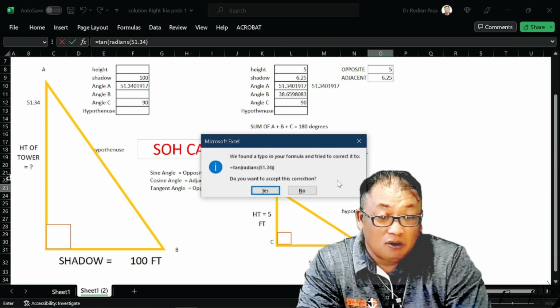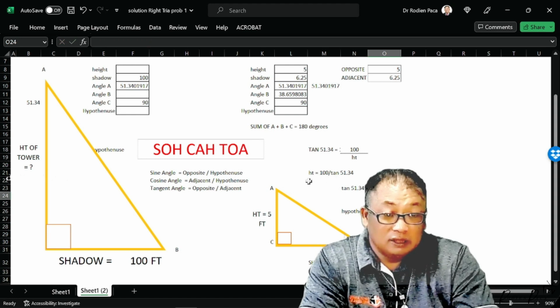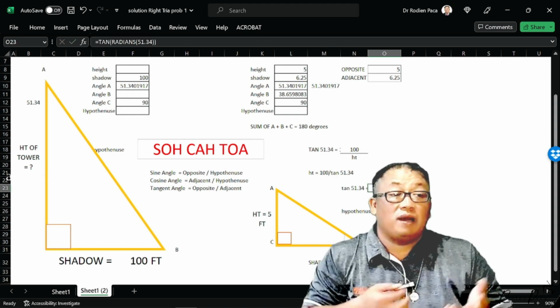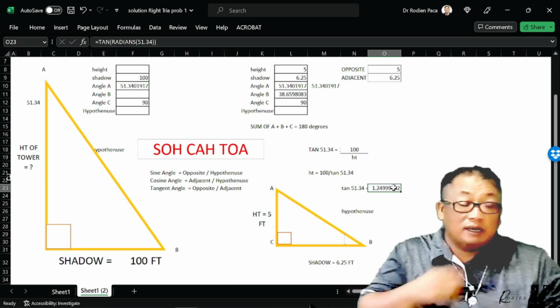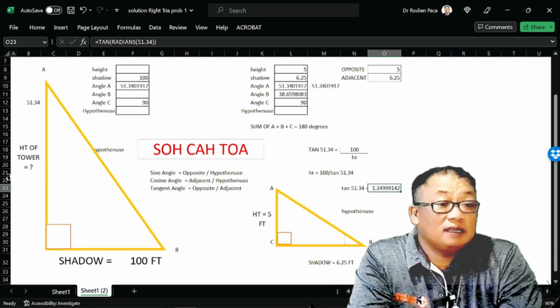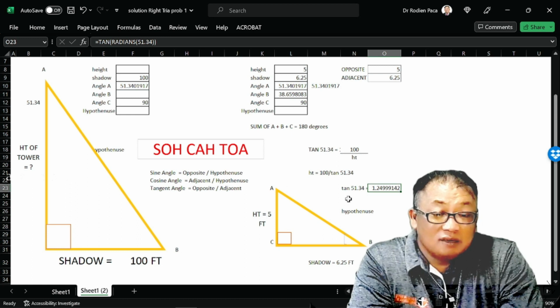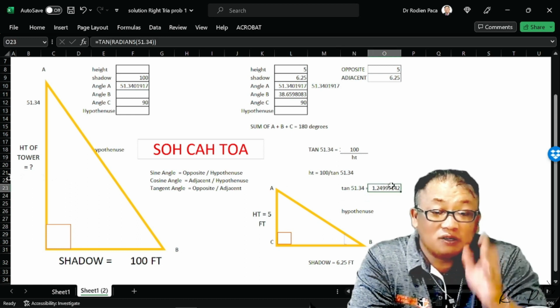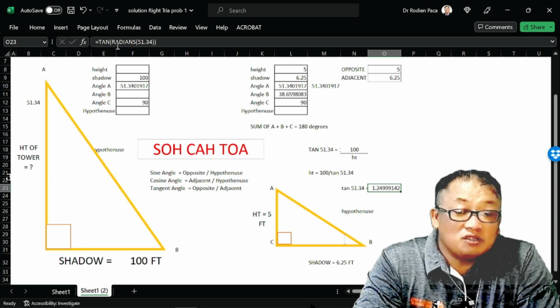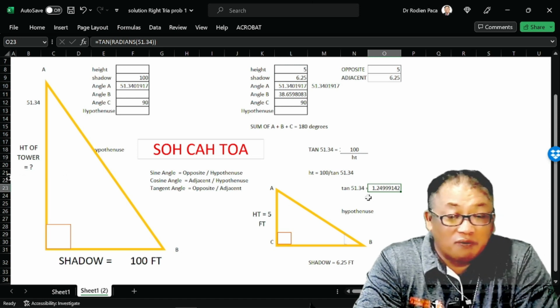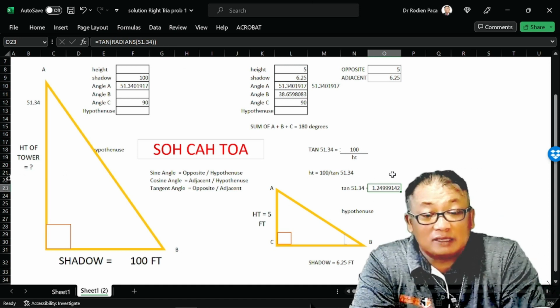Radians and 51.34. Okay, so this is the equivalent of this one. So again, I show you the formula. The formula is here: tangent, radians, 51.34. How to solve this one in Excel?